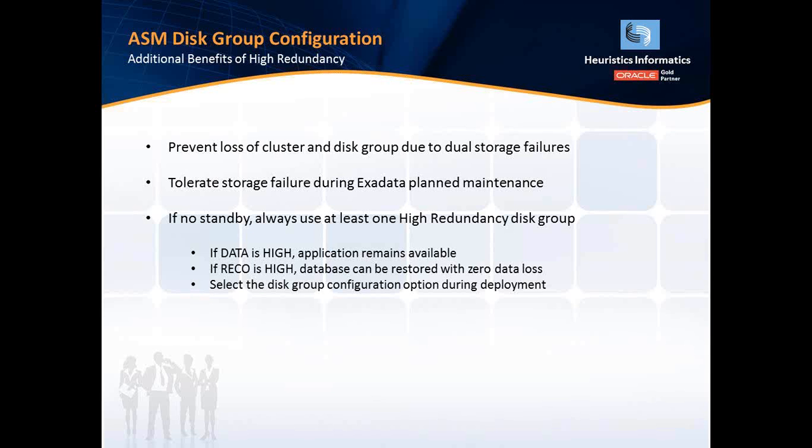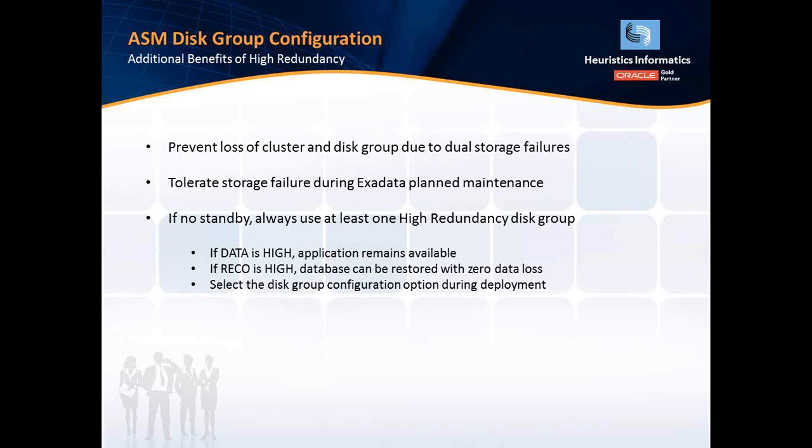So, what should you configure in the ASM disk groups? As we said, high redundancy is what we should be shooting for all the time. Why? Because of what you can see on your screen right now, in terms of dual storage failures. For example, you may have 2 storage nodes or 2 disks that fail at the same time.